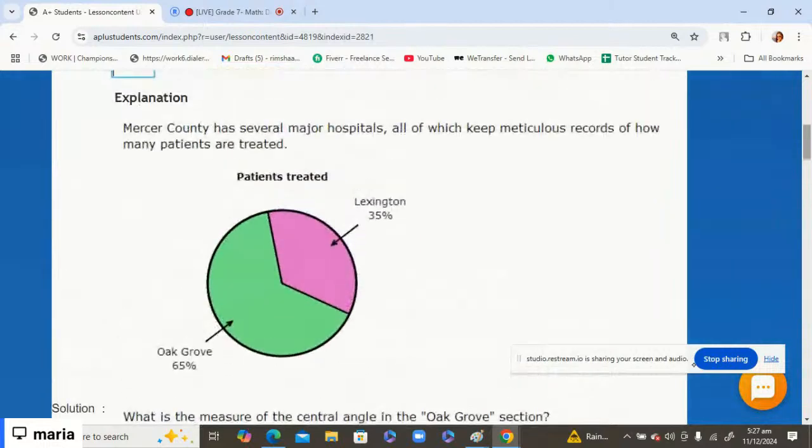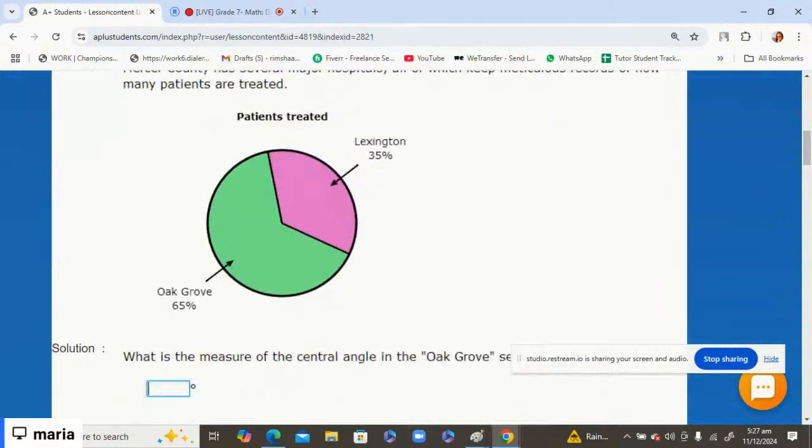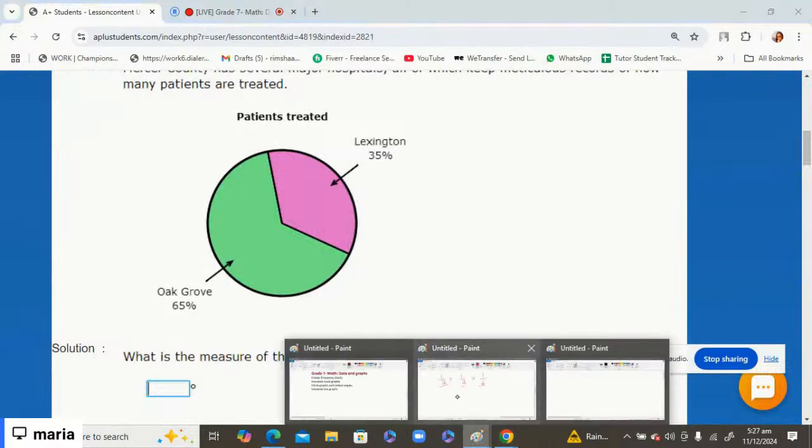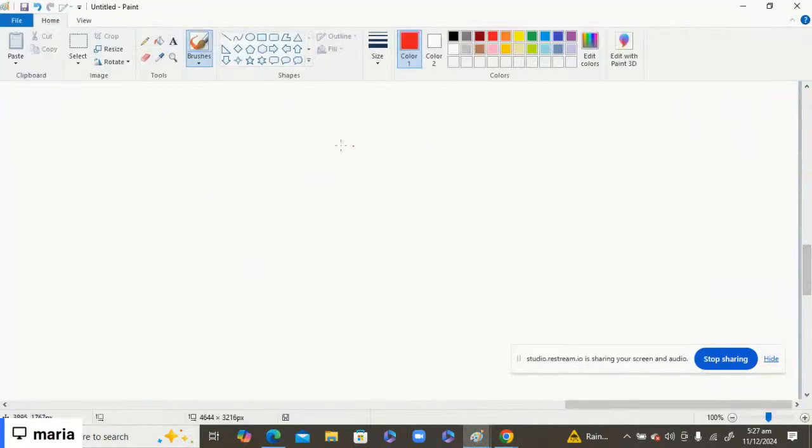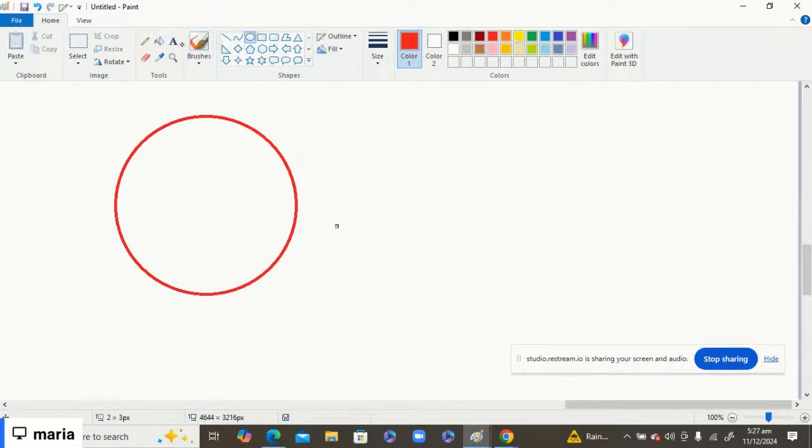The percentage 65% is already given. So how can we find the angle? Look, a full circle is 360. Always remember that a full circle is 360 degrees.